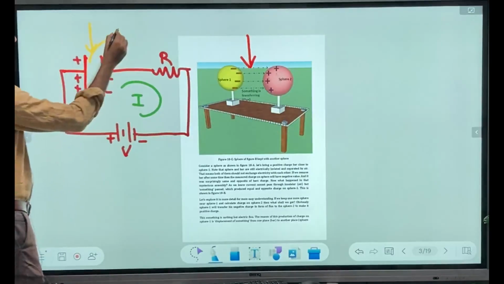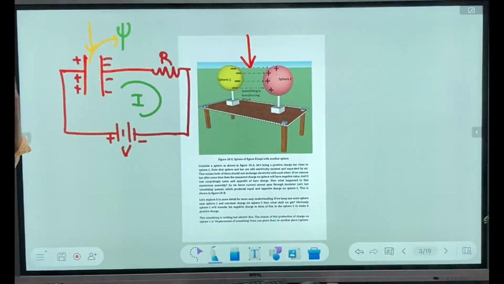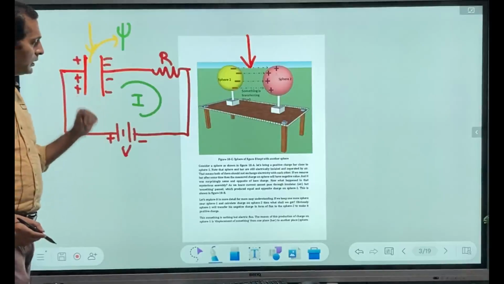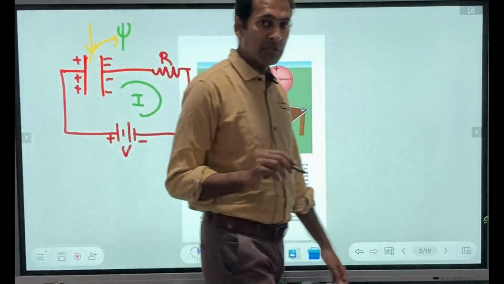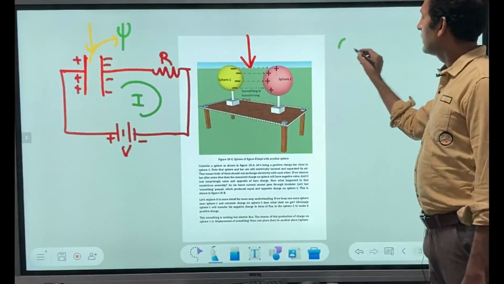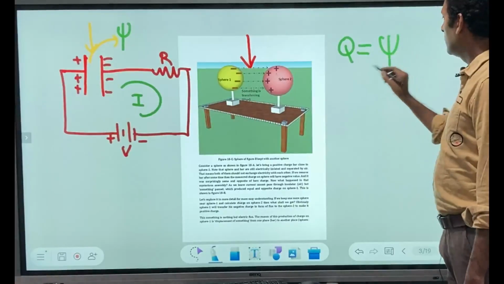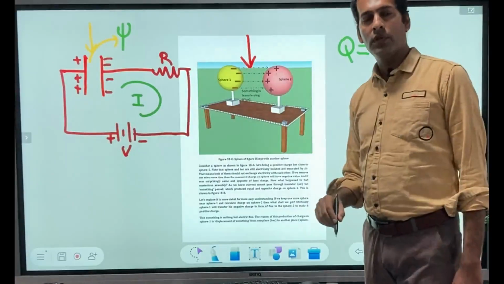But here this something flies, that is nothing but electric flux. So whatever amount of charge is present here, that will be passed to the next plate, and that charge will be equal to that flux. So we can say in general this charge Q is nothing but equal to the flux crossing that area.